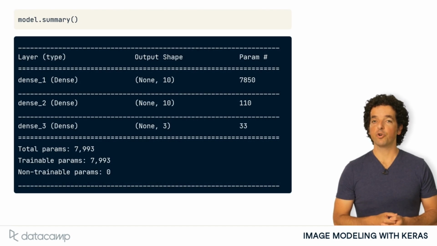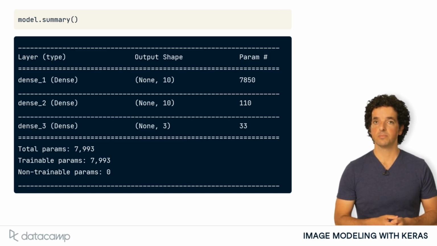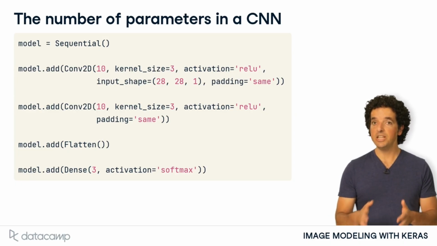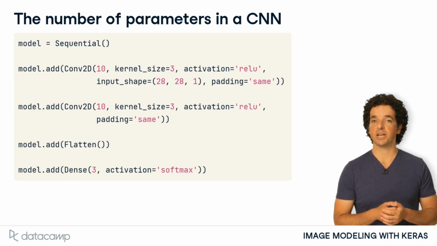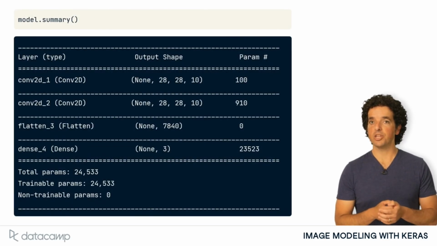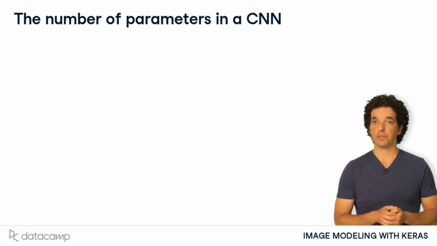What does that look like for a convolutional network with a similar number of units? Here is the code implementing a CNN with the same number of layers and units as our densely connected network. We run its summary method to find the number of parameters, which is 24,533. Let's do the math.